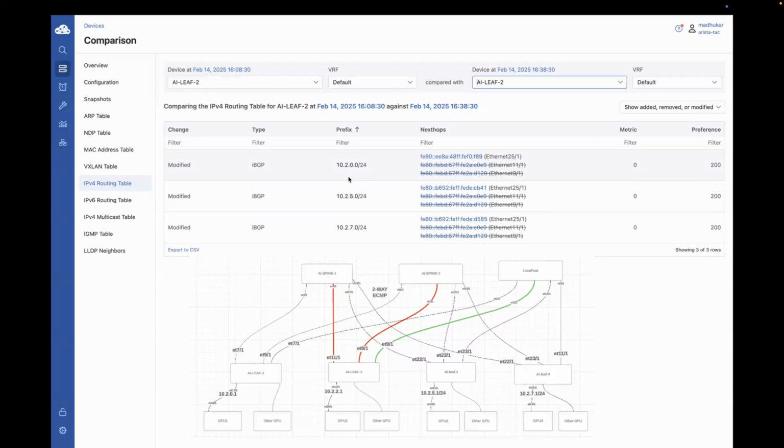And we have some sample GPU IPs that are mentioned in the topology. These prefixes were originally supposed to be learned via ET11/1 and 9/1, which were again the two-way ECMP links via AI Spine 1 and AI Spine 2. But during the time of the issue, ET25/1, which was the link connecting to the new spine or the localhost, was more preferred.